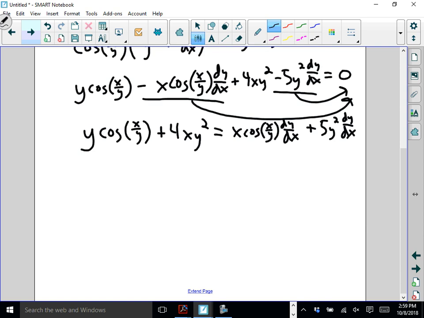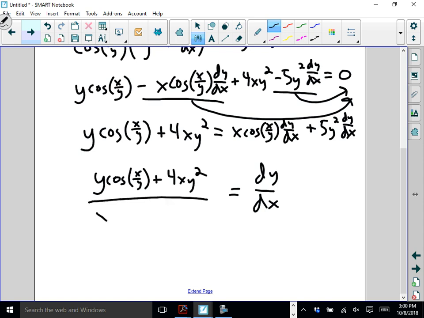Because then everything ends up plus, which is nice. Now I'm going to factor out my dy dx and divide. And I end up with y cosine x over y plus 4xy squared. Whole thing divided by x cosine of x over y plus 5y squared.